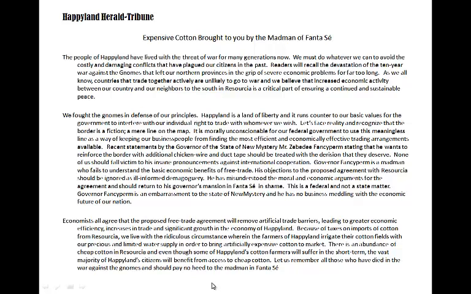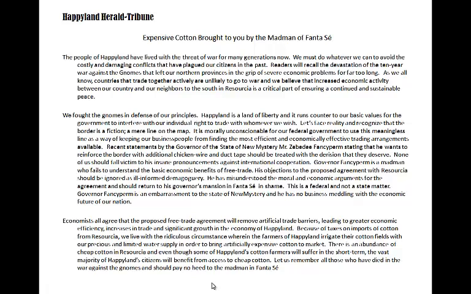But to begin with, the first thing to notice is that when we're looking at these kinds of editorials, there will be a lot of beating around the bush, a lot of stage setting, a lot of emotional manipulation from the get-go. So what's the emotional manipulation here? Well, it's the discussion of the war against the gnomes that the people of Happyland have been fighting. These are costly and damaging conflicts.